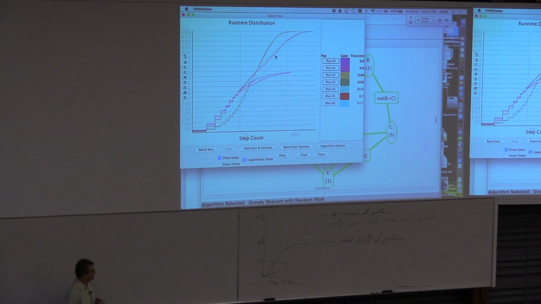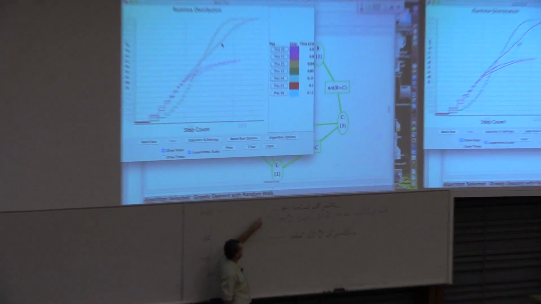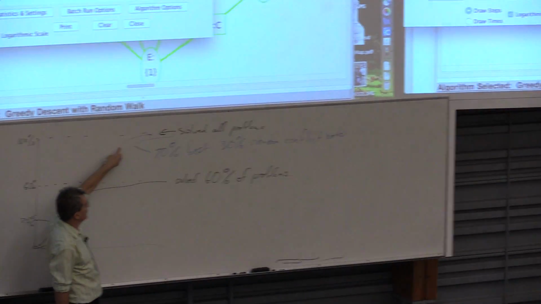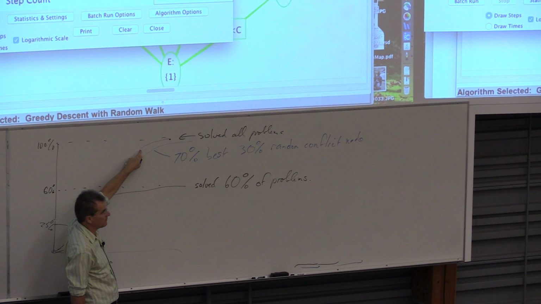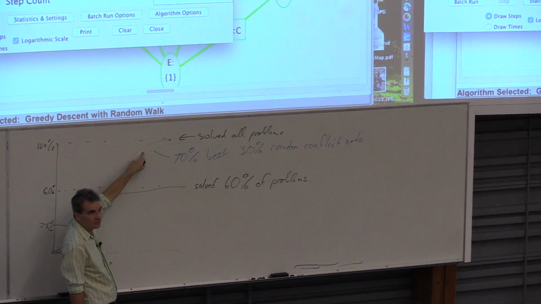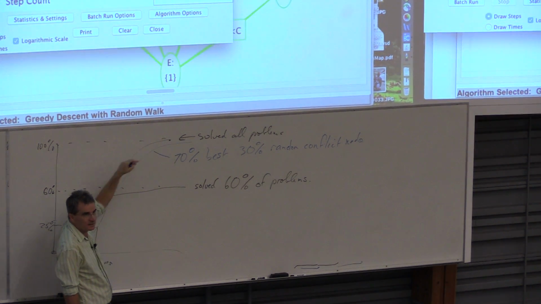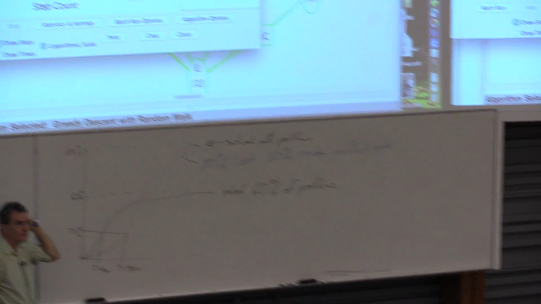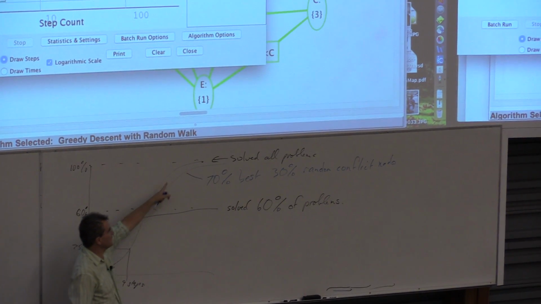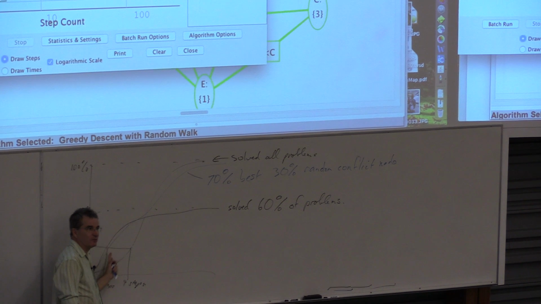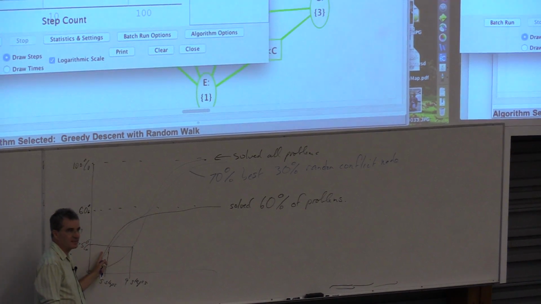Can anyone guess why this 70% best is worse at the high number of steps than the one that just chooses any conflict? Yeah, so this one here is more likely. These are the ones that start off close to the solution and it can find a solution quickly.